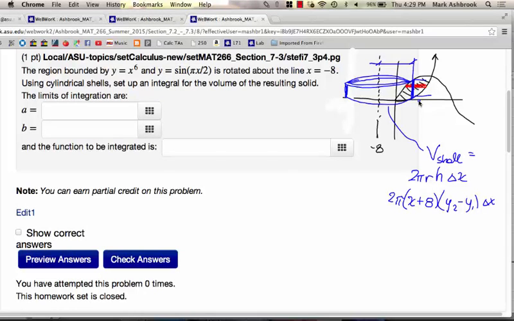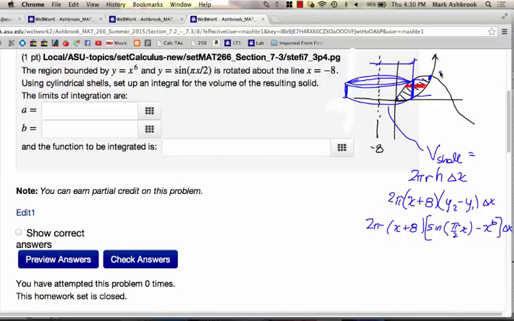And y2 is going to be, that's the sine graph, and y1 is x to the 6th, times delta x. And we're going to add those up, starting from here, the real short, small ones, all the way to here.